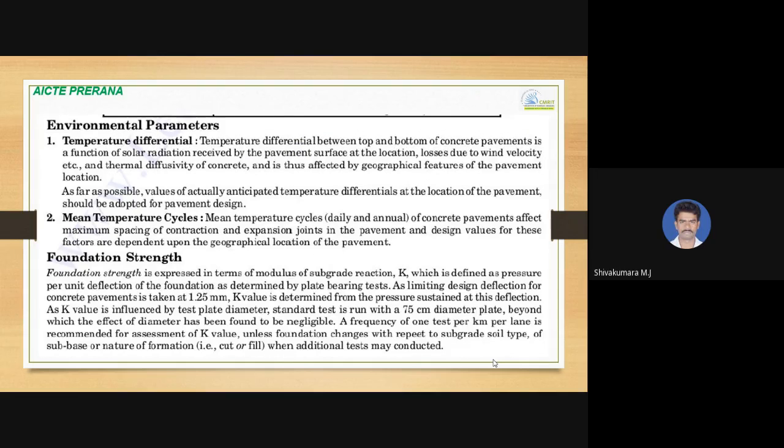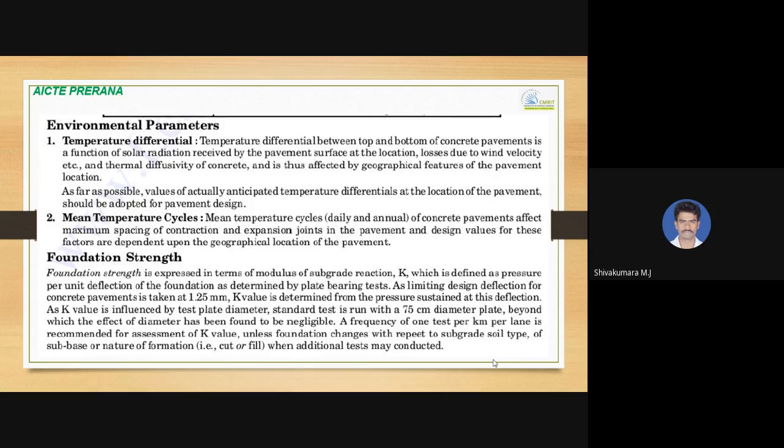And some environmental factors also have to be considered in the design of rigid pavement. The first one is the temperature difference. The temperature difference between the top and bottom of the concrete pavement is a function of the solar radiation received by the pavement surface at the location, losses due to wind velocity, etc., and the thermal diffusivity of concrete, and is thus affected by the geographical features of the pavement location.